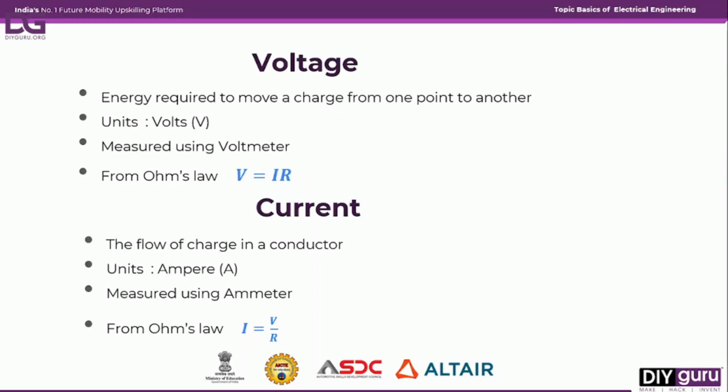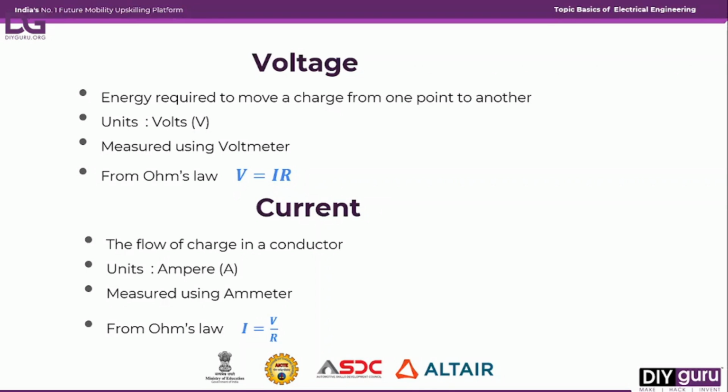If you know the current flowing through the element and the resistance of the element, we can calculate the voltage across that element easily: V is equal to IR. Now coming to the current. Now we have started moving the charge from one point to another. All these charge particles start moving once you give the voltage. Once all the charge particles start moving in one direction, the flow of these charge particles we call the current.